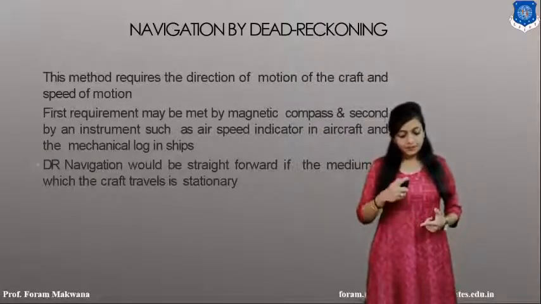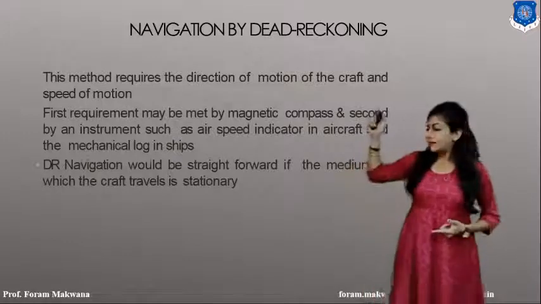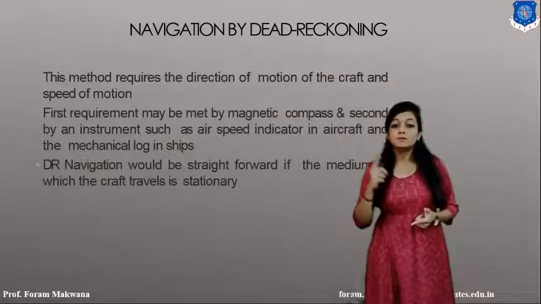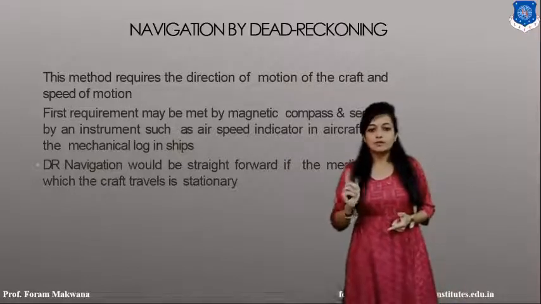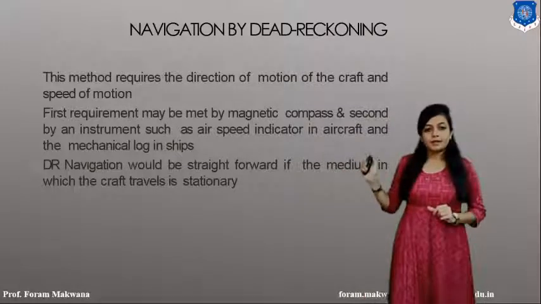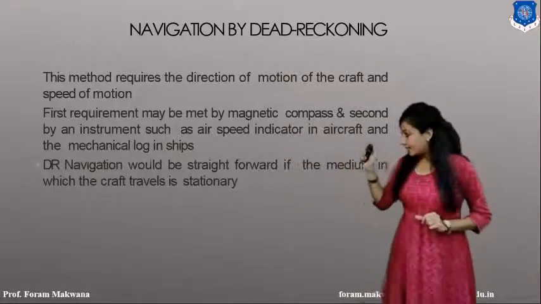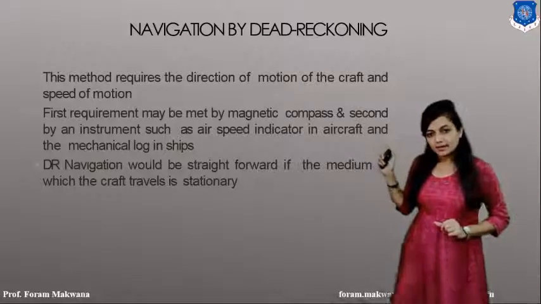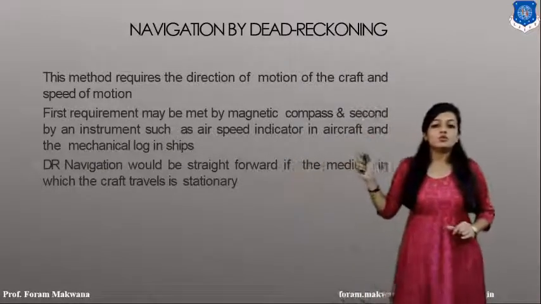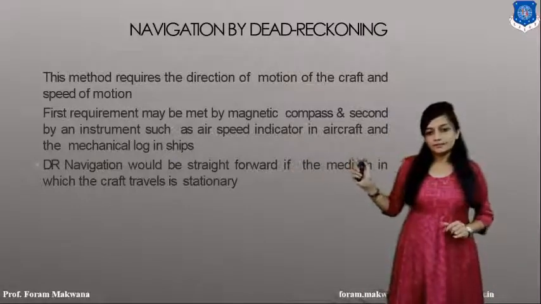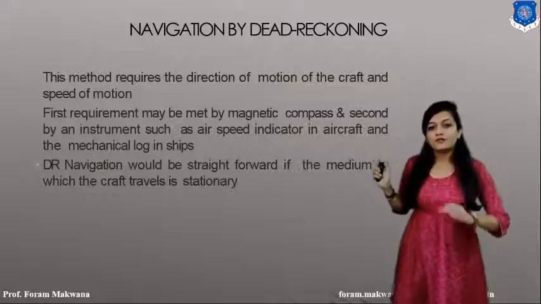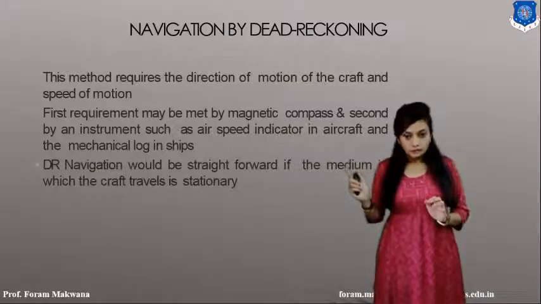But in this method, the direction of motion of the aircraft and the speed of motion are required, that is a must. Okay? The direction can be found by a magnetic compass. The second requirement is an instrument such as an airspeed indicator, which shows how fast the aircraft is moving.